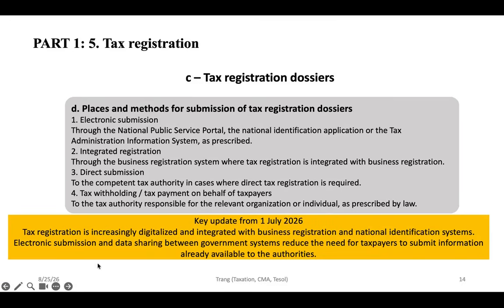Because of this electronic data sharing between different government branches, taxpayers no longer need to submit information that the authorities already have in their database. This cuts down on red tape and makes compliance much faster.